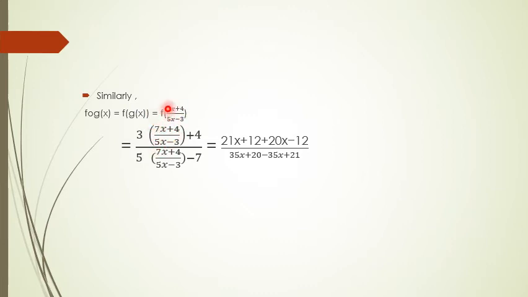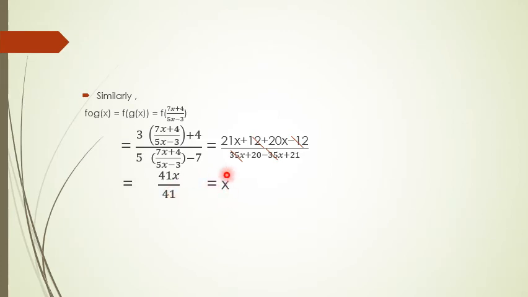Hence f of (7x+4)/(5x-3) equals 3 into that big number plus 4, divided by 5 into that big number minus 7. Again, by cross multiplication and cancellation, we get the result like this. Here 41x by 41, the 41 cancelled.